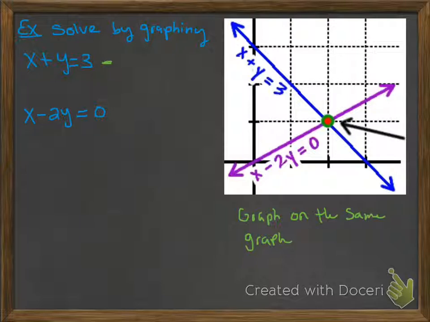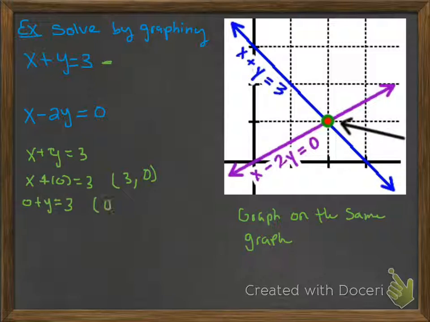For x plus y equals 3, I do x plus 0 equals 3, so my x-intercept is at (3, 0). Then I do 0 plus y equals 3, so my y-intercept is at (0, 3).